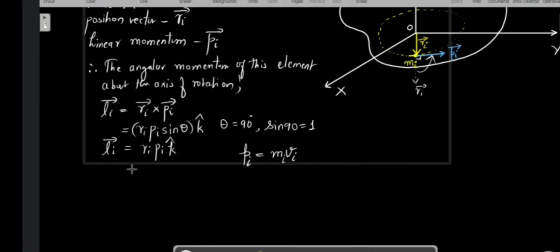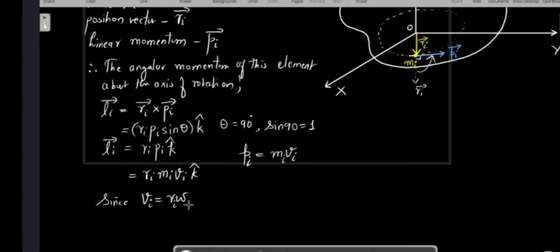If I substitute it over here, it is going to be Ri into Mi into Vi into k cap. But we also know that V is going to be R into omega, that is Vi can be written as Ri into omega.